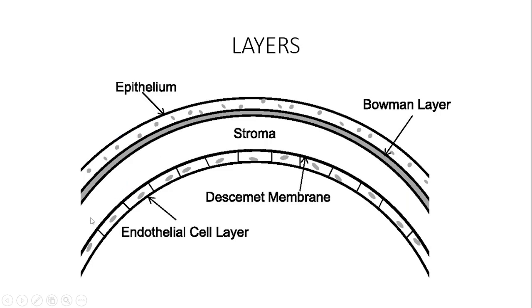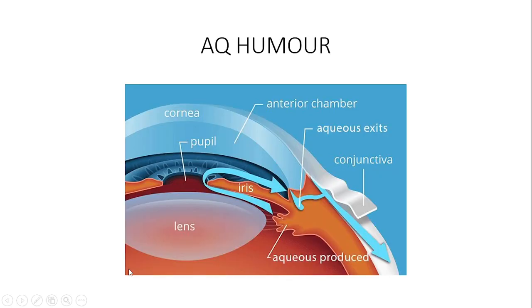The posterior half of the cornea is nourished by the aqueous humor. It is also important to know that it gives nourishment to the trabecular meshwork, or the structures which are found at the iridocorneal angle.